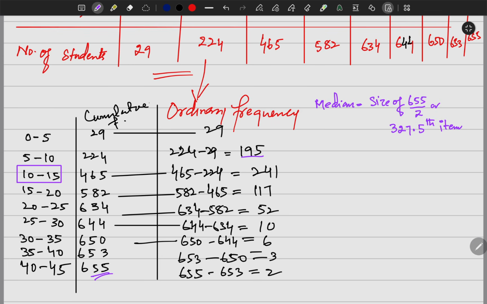So up to here we have the 224, and then up to the 465, so it will lie in the 10 to 15. Okay, so we have only 224 here, so after that the 327.5th item will be in the class 10 to 15. So which is the median class? So we have the median class as 10 to 15.